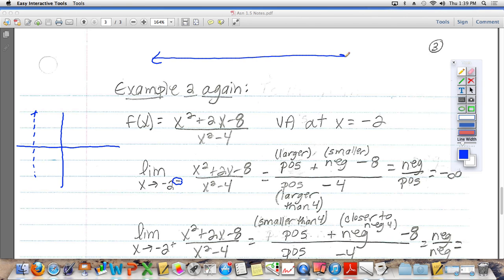I'm only concerned about what's going on at -2. So I'm going to pick a value that is a little bit smaller in value, which means it's a little bit more negative. Give me a value that is a little bit more negative. -2.001.